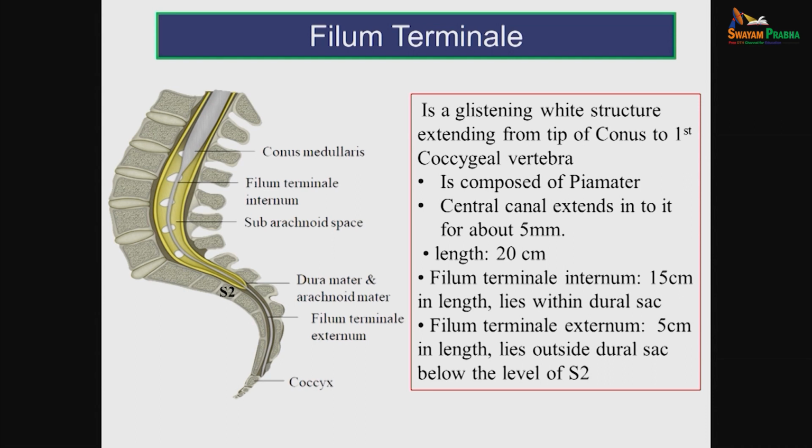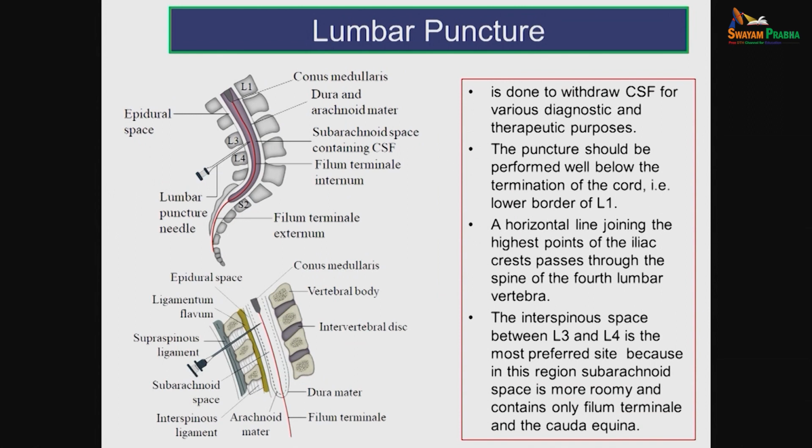Why is it called externum? It is because it is lying outside the dural sac, that is below the level of S2. It is extending till the dorsal surface of the coccyx. So, this is about the filum terminale, which is composed of pia mater.